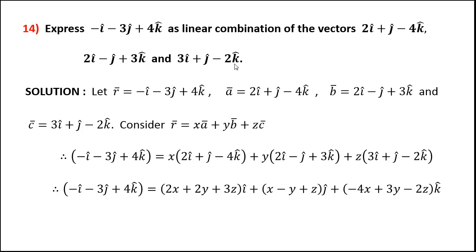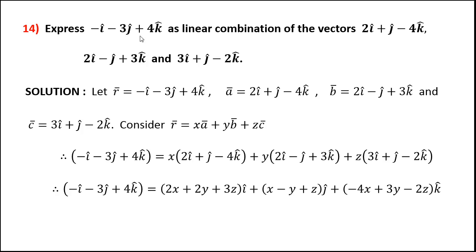Now this is possible if these three vectors are non-zero and non-coplanar. We have a theorem that if we have three vectors a bar, b bar, c bar which are non-zero and non-coplanar, then any vector r bar can be expressed as a linear combination of a bar, b bar and c bar.